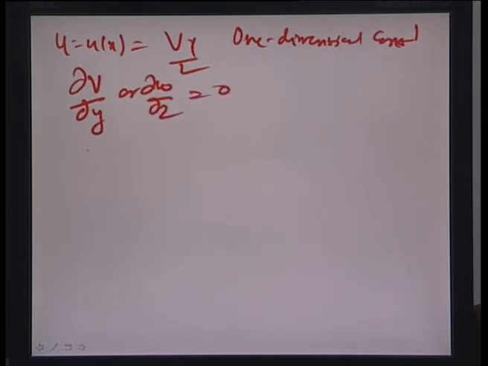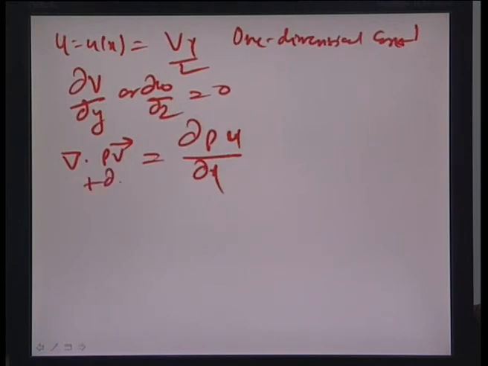And so the only term which comes out of this whole del dot rho V is del rho u by del x. All right. And because it is a compressible flow in this particular illustration, we have this plus del rho by del t essentially equal to 0.